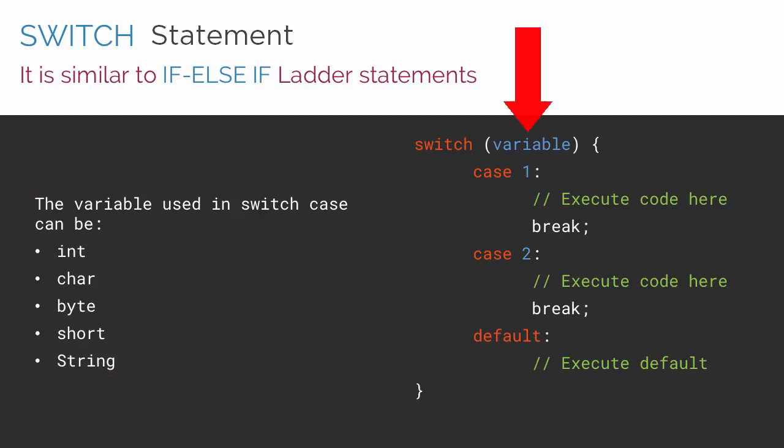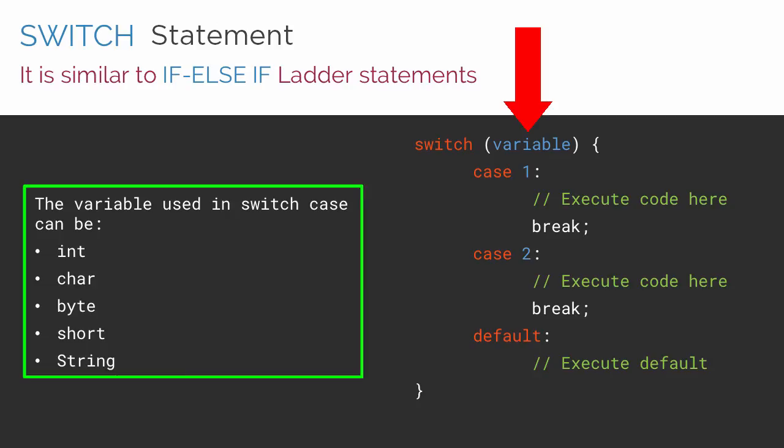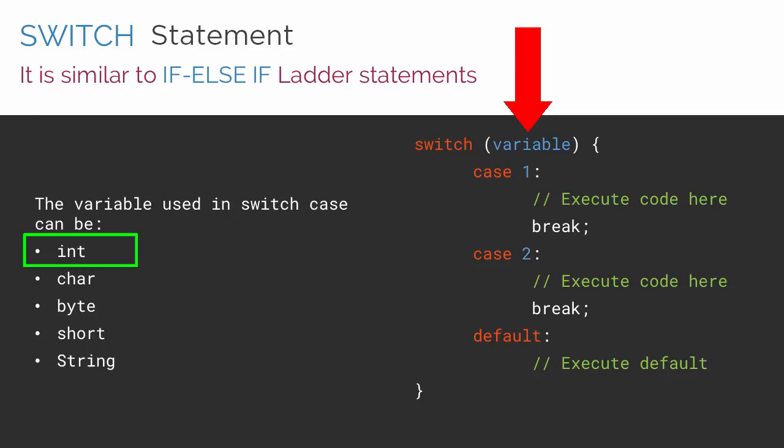It can be the integer, the character that we used inside the demo video, or it can be byte or short, and even some string. So you can use the switch statement as per your requirement in your program.